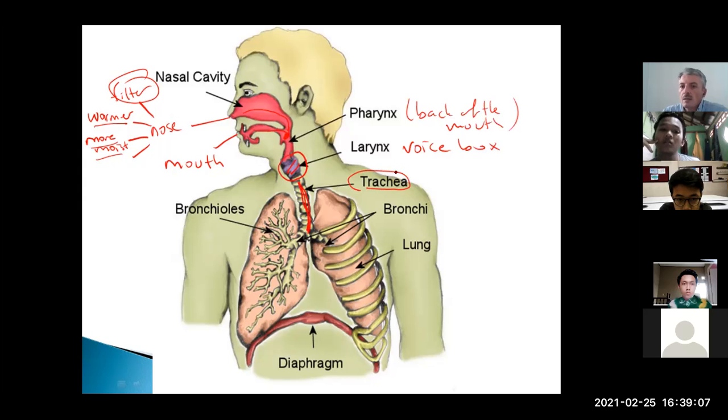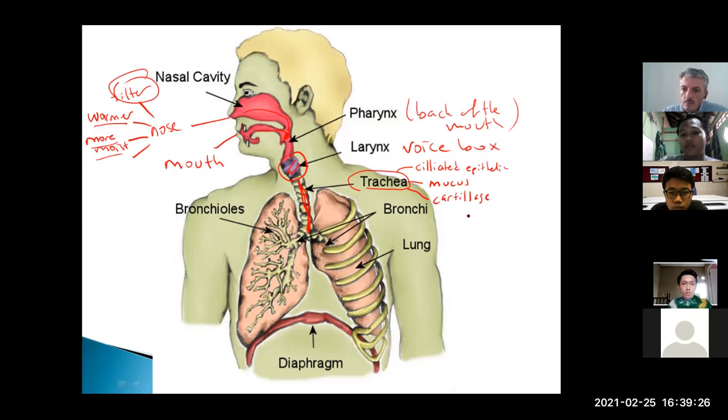trachea. Trachea has some adaptations, like it has ciliated epithelia. And it has mucus secreting cells. It has mucus, a lot of mucus, and it has cartilage rings. Cartilage rings.